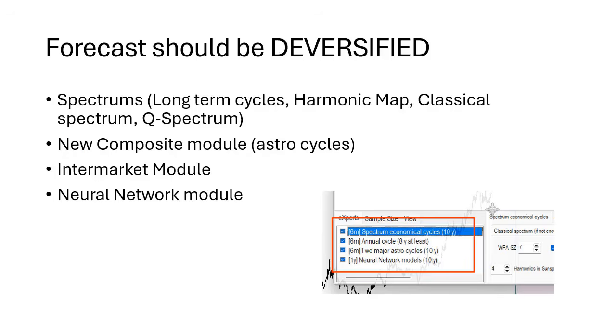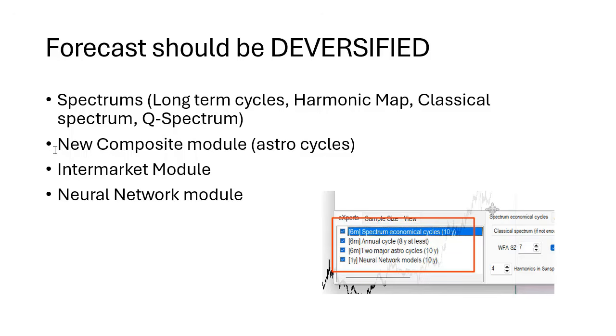In Timing Solution, we apply these techniques, spectrums. We use 4 variants of spectrum: long-term spectrum, harmonic map to work with the annual cycle, classical spectrum, and Q-spectrum. We apply these spectrums for different needs.